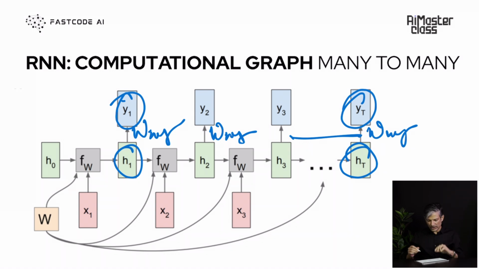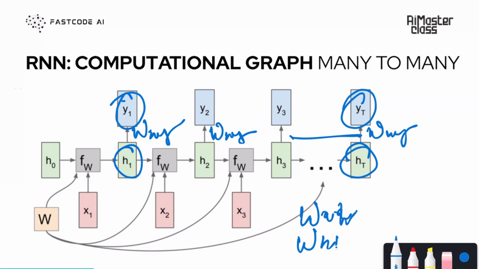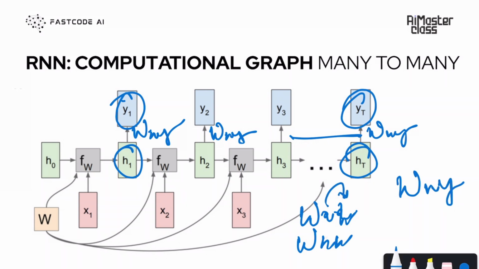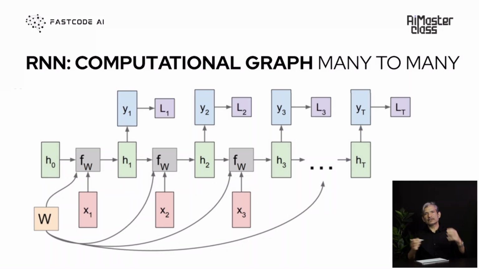So you have only one copy of your WXH, WHH and WHY. This maps your X to H, your H to H. You use both of them to create your H, and then this H gives your final Y. It's actually quite simple, and we're gonna see this in a lot more detail in a bit.